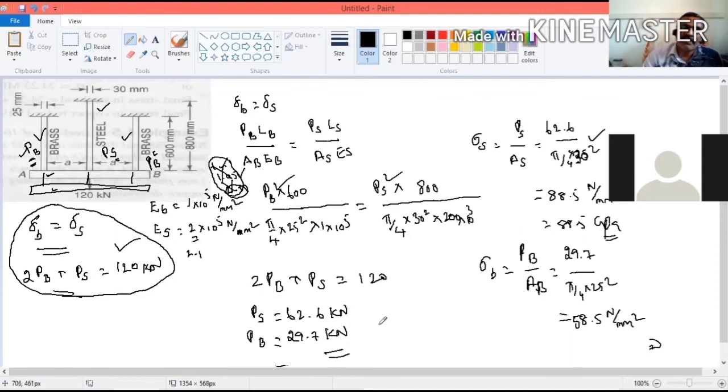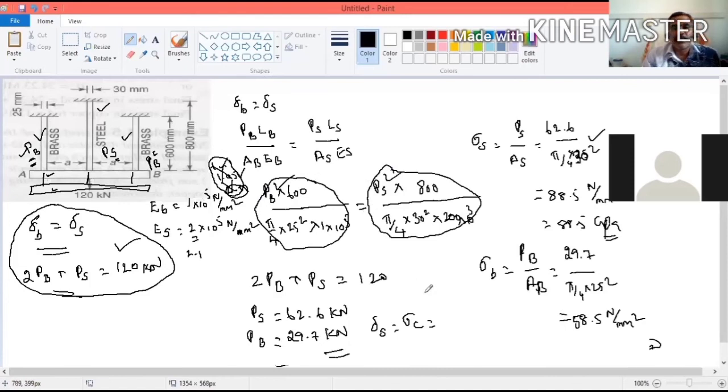Then finally you find the deflection. Delta S is equal to delta B. We already have the equation. This is an equation for delta S, and this is an equation for delta B. You can use any one of the equations to find it. We have already calculated PS and PB, so substitute in this equation.